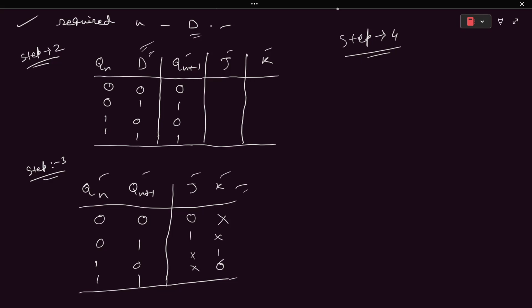Generally we write down the excitation table of JK with QN and QN plus 1. Here QN is there, QN plus 1 is there, so you will write that same table in that case.